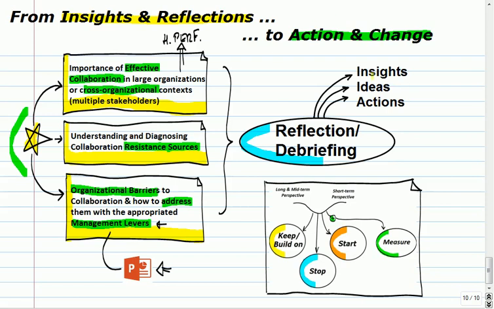So once again, I really hope that this module generated a number of good insights for you, also awareness of your organization, and also some good ideas to initiate actions to introduce change. Obviously, I advise you first to go through the diagnostics tool in order to gain a good understanding of the situation and of the opportunities to act.